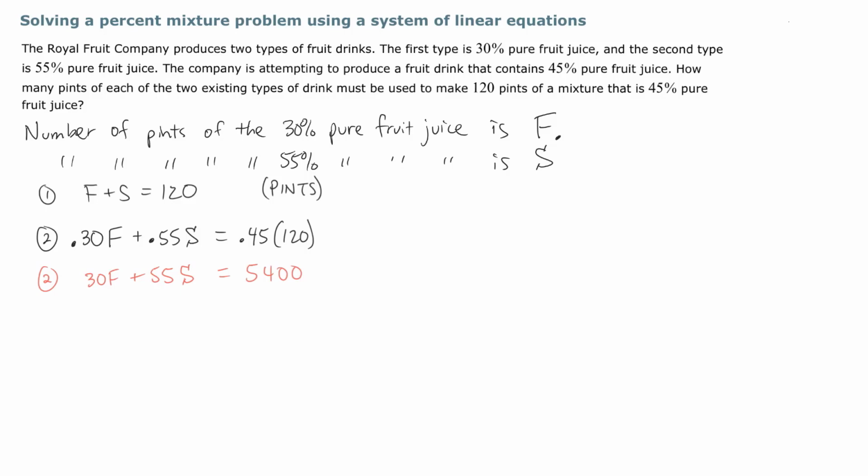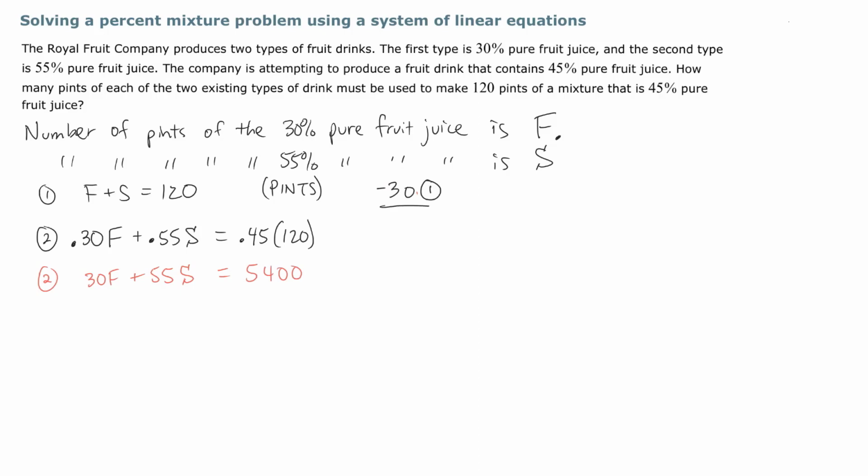I typically like the addition method here. So I'm going to multiply equation 1 by -3. So if you multiply both sides of equation 1 by -3, I'm sorry, I meant to say -30. Let's try that again. Let's try -30.